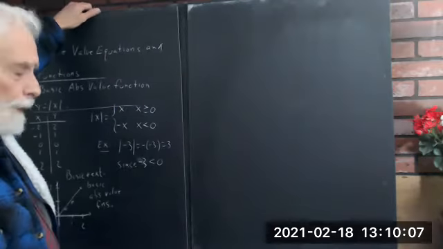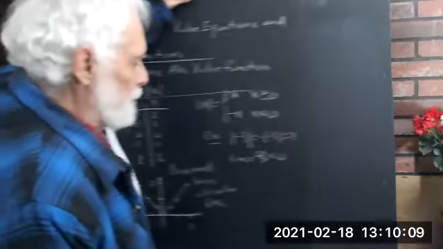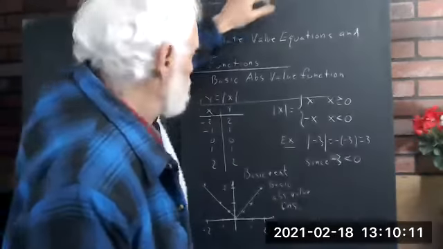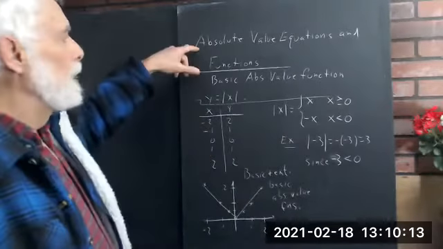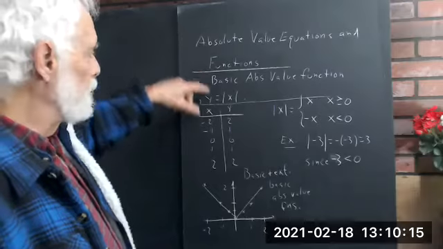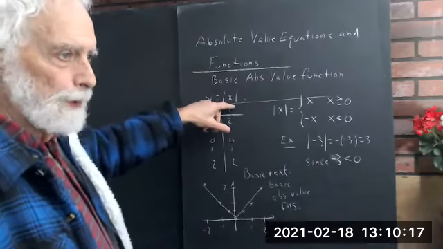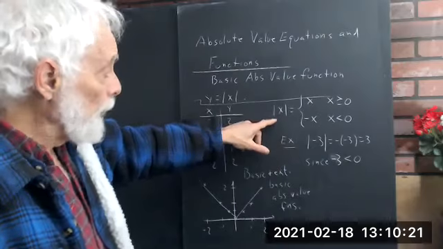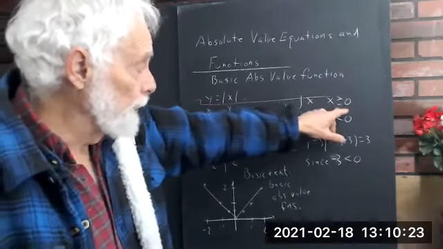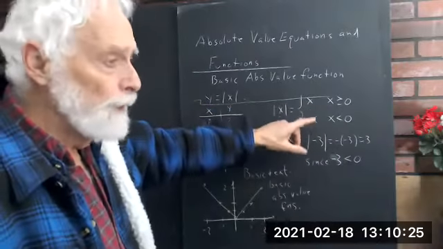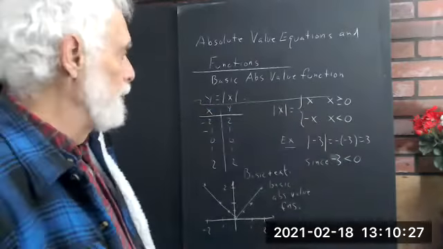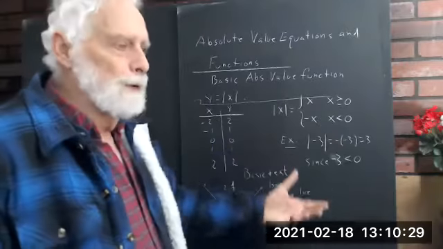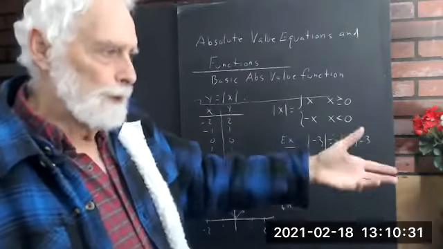Just a very quick synopsis of what we've done. Absolute value equations and functions. The absolute value equation is y equals absolute value of x. The definition is absolute value of x equals x if x is greater than or equal to 0, and negative x if x is less than 0. Now we know what the absolute value does. If the number is negative, it makes it positive.